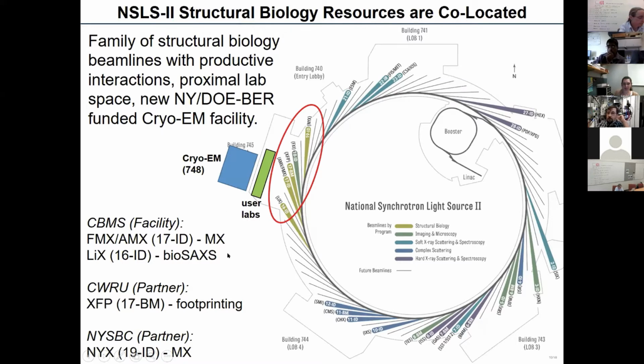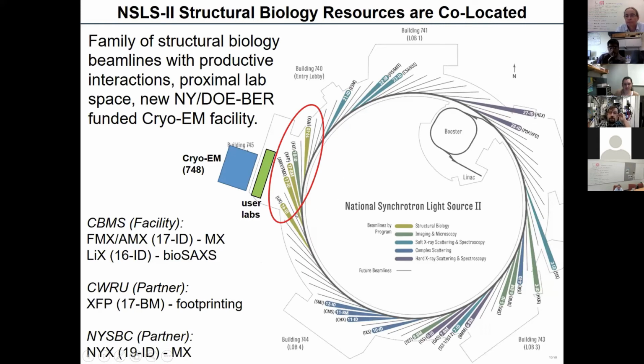You have a set of facility beamlines under the Center for Biomolecular Structure that's led by Sean. So you have 2 protein crystallography beamlines and a solution scattering beamline. You have XFP, which is a partner beamline operated by Case Western. And you also have a 3rd crystallography beamline, NYX, that's operated by the New York Structural Biology Consortium, led by Wayne Hendrickson, right up here.